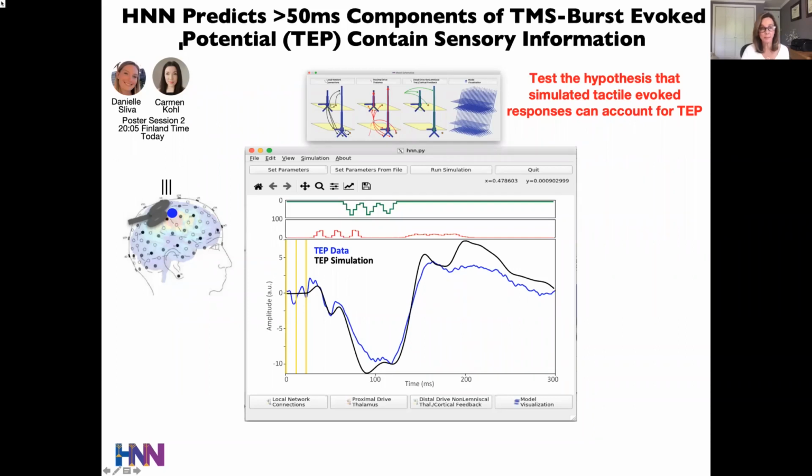Now, importantly, this earlier component of the evoked response may not be influenced by the sensory information. And so what we're doing ongoing in the lab is looking more closely at the earlier components of this evoked response. And again, for further details on that, please tune in to our poster later this afternoon.